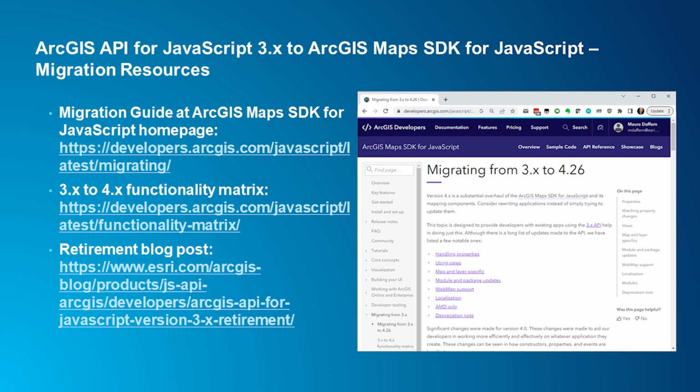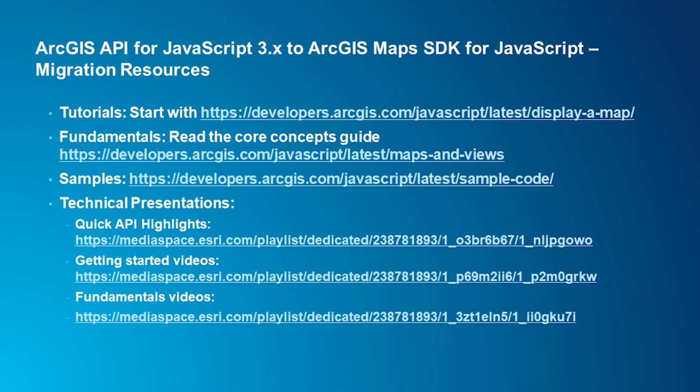In addition to the documentation, it includes a guide for migration from the 3.x API to the current version of the Maps SDK for JavaScript, which discusses the differences between the two APIs and any concepts that developers will need to understand when working with the Maps SDK for JavaScript. The SDK documentation also includes fundamentals and core concepts that are useful when learning the new technology.